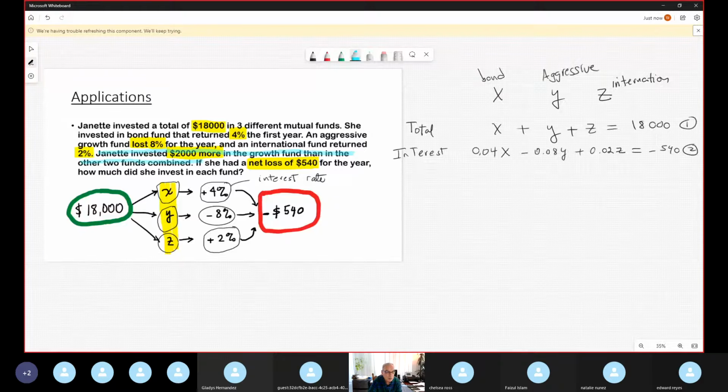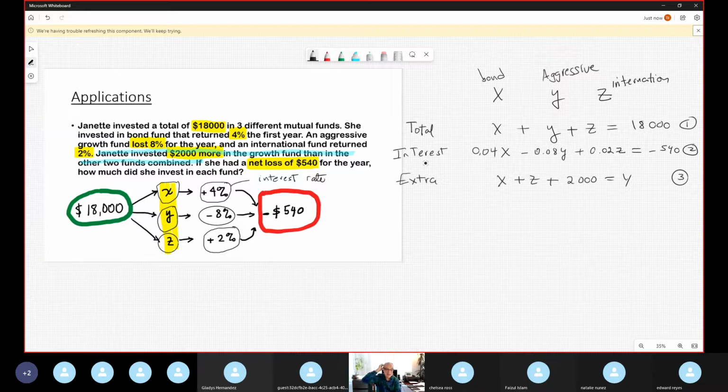Remember that the aggressive growth fund is Y. So my extra equation should be X plus Z plus 2,000 equals Y. Let me translate this to one common language.